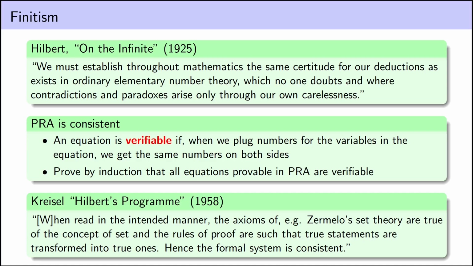Now, there's something a little more clever going on here in our consistency proof for primitive recursive arithmetic. We can define, purely in terms of symbolic manipulation rules, what it means to plug numbers into a formula in primitive recursive arithmetic.